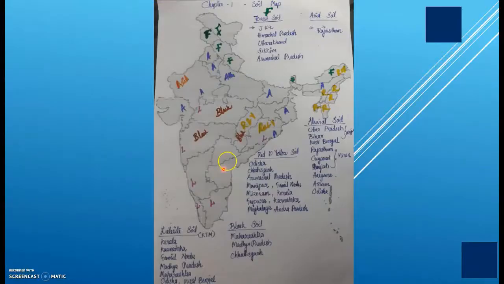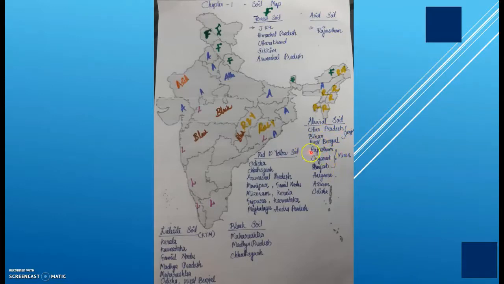Okay. So children, for easy understanding, you have to study like this. Forest soil are found in Jammu and Kashmir, Himachal Pradesh, Uttarakhand, Sikkim and Arunachal Pradesh. Then arid soil in Rajasthan. Then next one, alluvial soil, major regions Uttar Pradesh, Bihar, West Bengal.